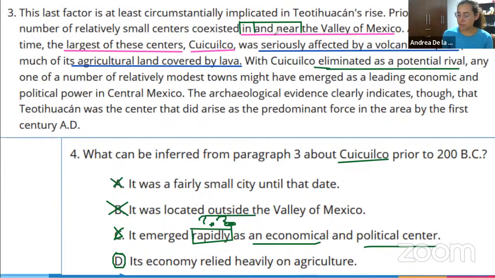That basically means that when their agricultural land was damaged, was destroyed, they obviously lost all power because they relied on agriculture. So it's definitely the one that fits the context, that fits the information, can be supported with evidence from the text, and makes sense.